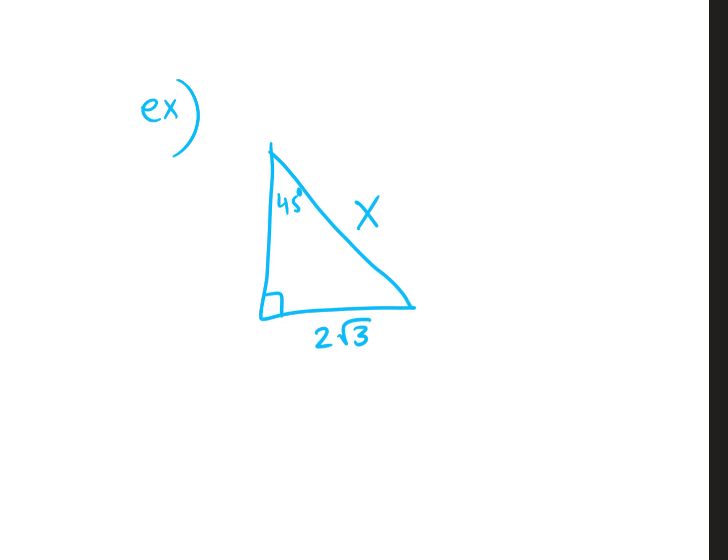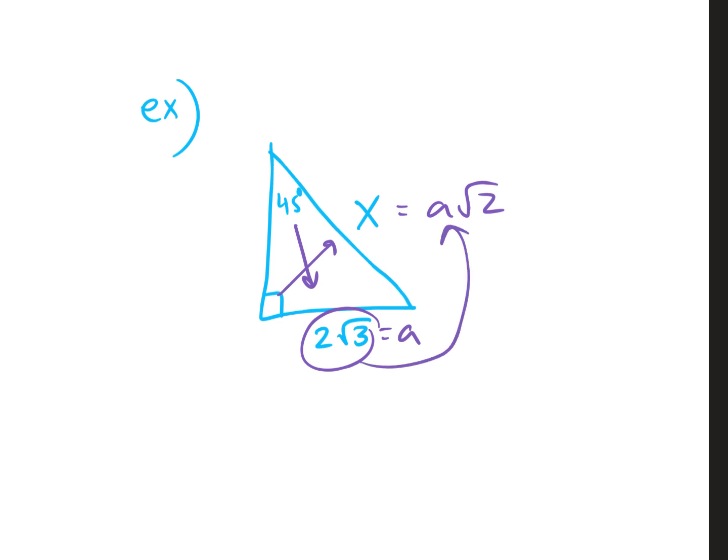So we want to start by labeling our sides. What's across from the 45? A. What's our hypotenuse? A square root 2. So do I know what A is equal to here? Yep. So what do I do with that? Take it and plug it into A to solve for x.